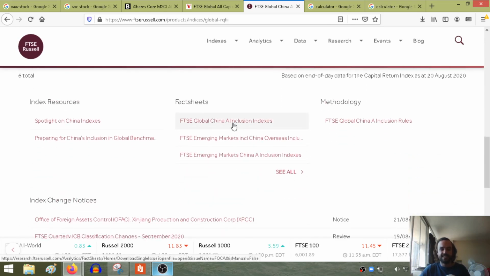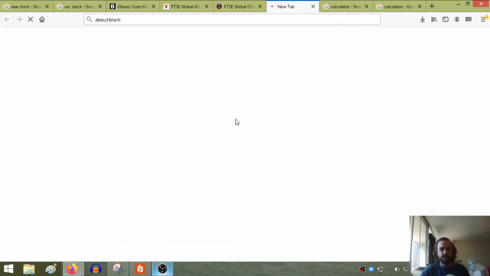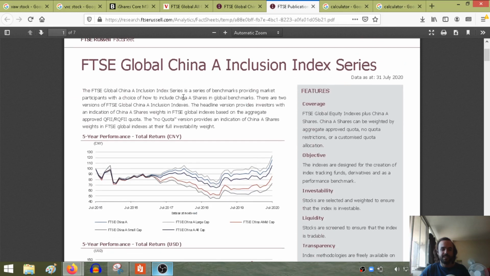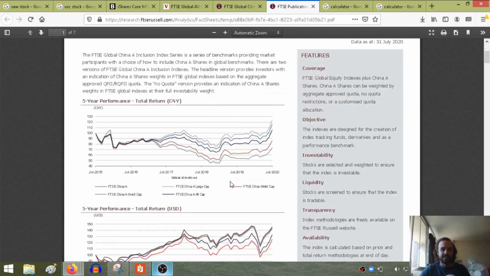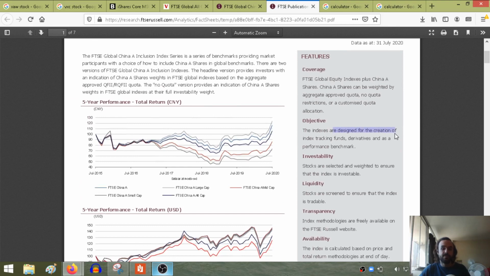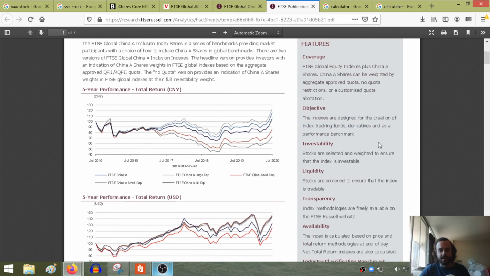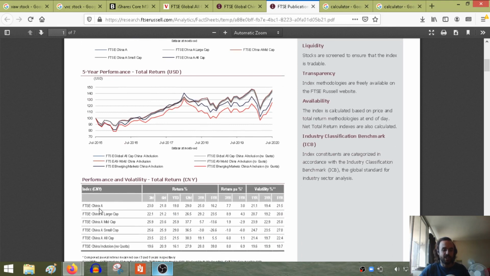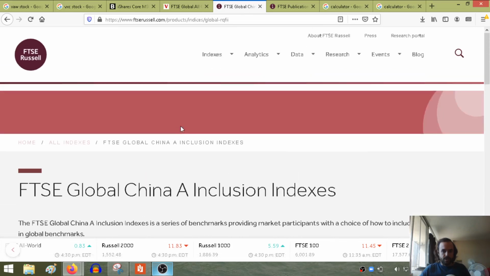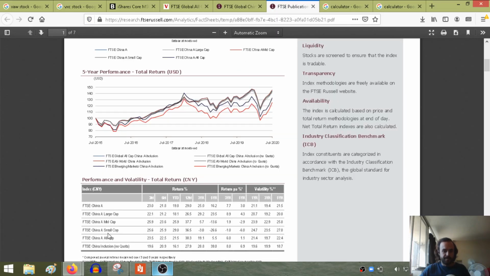But again, this is a fact sheet here. Let's just pop into here then, and see what kind of performance this has done. But the objective, they're designed for the creation of index tracking. Well, we know that. Tracks FTSE China A inclusion. Sorry, folks. Let's just check this again.